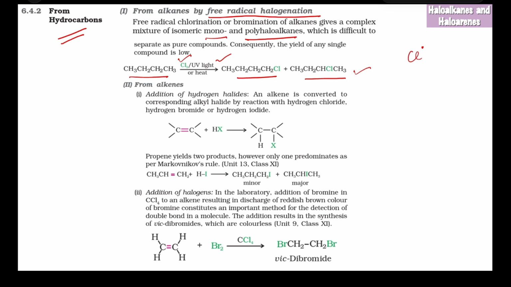Another method is from alkenes. Alkene, if it is treated with hydrogen halide, this hydrogen halide will add across the double bond, forming haloalkane. If this HX is HCl, then HCl will add across the double bond and chloroalkane will be obtained.